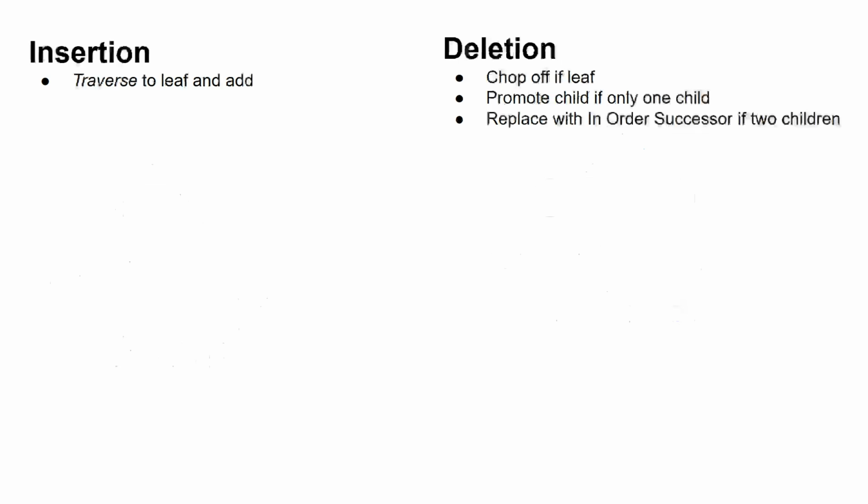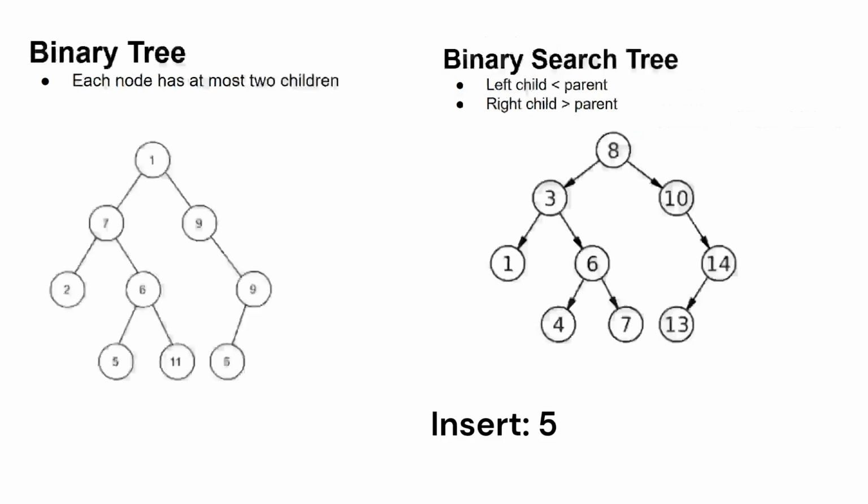Now, if we were going to insert a node, say 5, we have to traverse to the corresponding leaf and add it as a child. In this case, since we're looking for 5, we'll start at the root and go left because 5 is less than 8. 5 is greater than 3, so it has to be in the right of 3, where we go down all the way to 6.